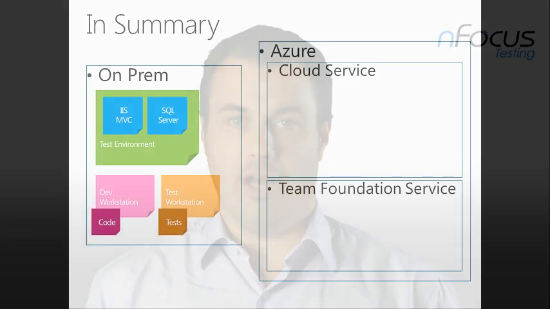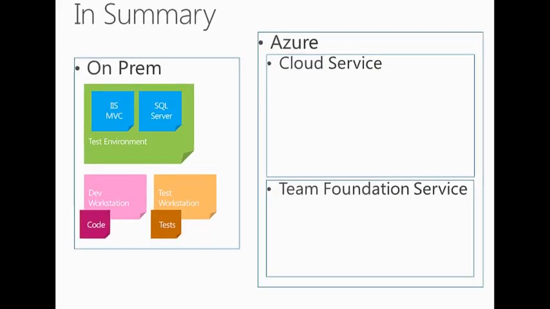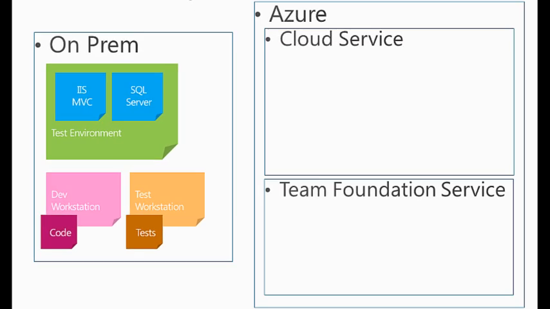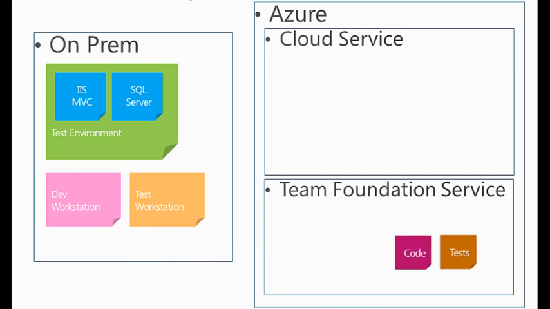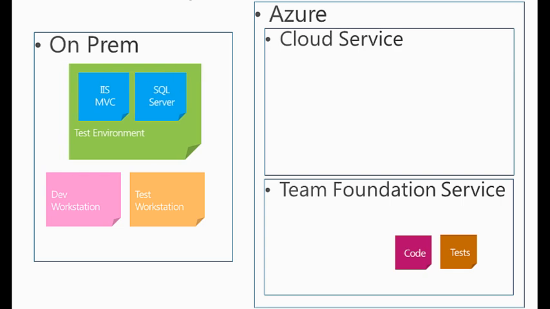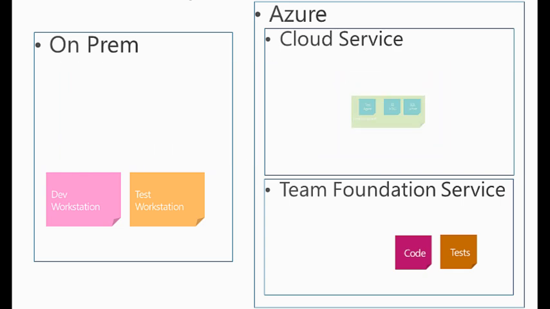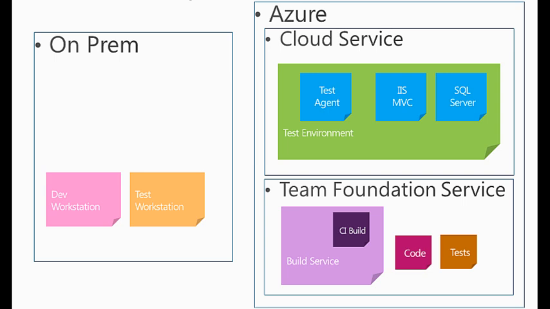So in summary, what have we seen? Well, we've seen our source code being moved from on-premise into Team Foundation Service in Azure. We've taken our test assets from Excel and migrated them up to a test plan in Team Foundation Service as well. We've created a test environment in Azure Cloud Services, and we've deployed that code onto that environment.